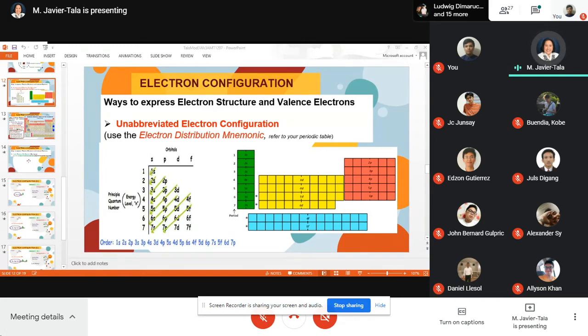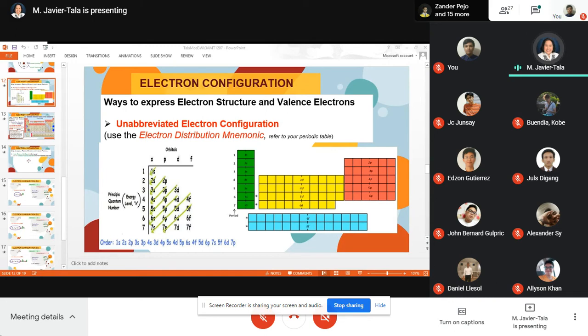Here in the electron distribution mnemonic, it already represents the first way of expressing your electron configuration, which is the unabbreviated form. If you will look at the electron distribution mnemonic, it contains your SPDF.